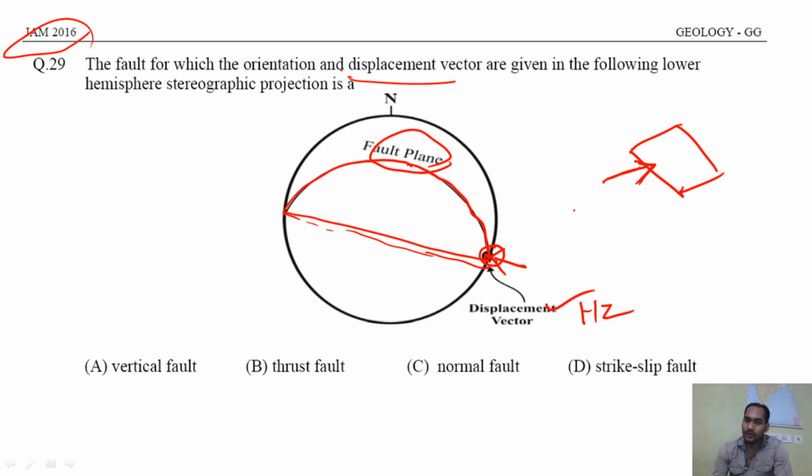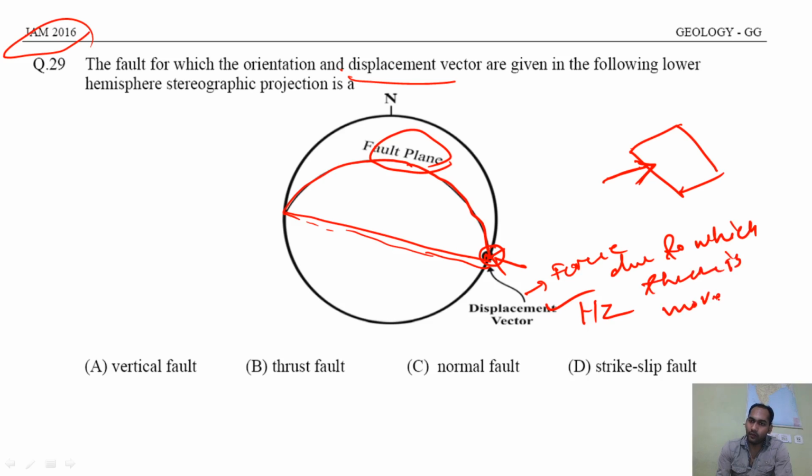The displacement vector represents the force due to which there is movement along the fault plane. So the force or displacement vector is horizontal, parallel to the strike of the fault plane. This is the strike of the fault plane, so the movement is like this.